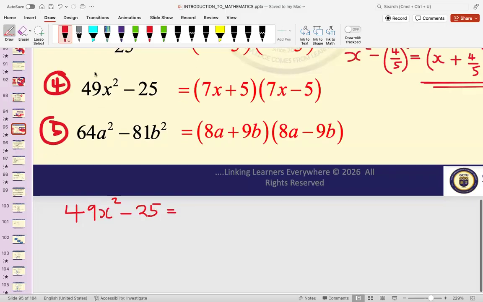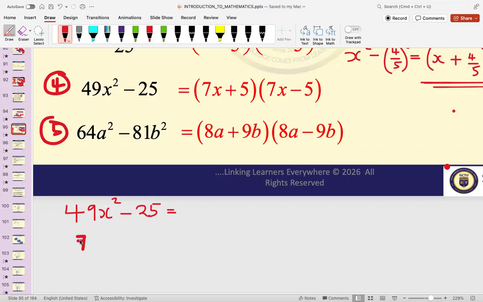Now for this one, the dynamics has changed a bit. The 49 that is attached to the x squared, we have to do something about it. It cannot hang around that way. So we also think of what number you can square to get 49, and that is 7.